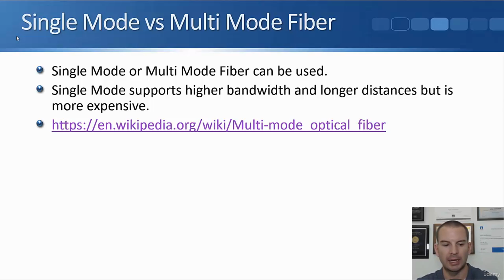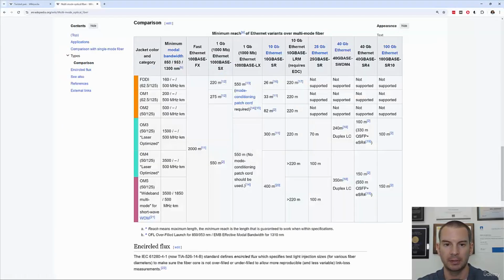Let's have a look at the link here now. I've got this on my second tab. So this is the Wikipedia page for multi-mode fiber. And you can see, just like we had the different categories released over time for copper cable, there's different standards for our fiber cable as well. This is on multi-mode.